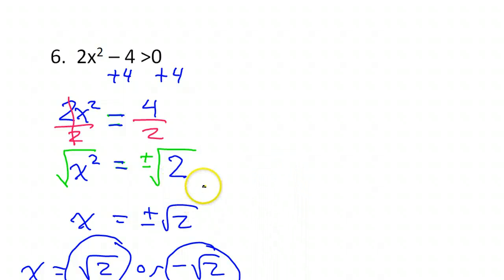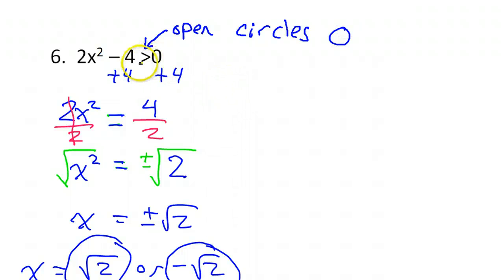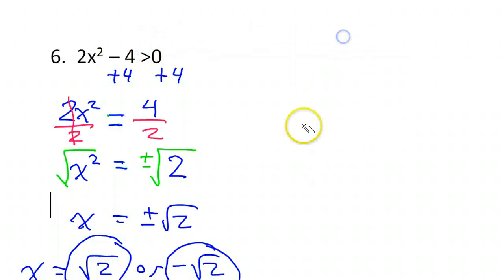Number one, when I graph these, am I going to use open circles or closed circles? I'm going to use open circles, because it's greater than. If it was greater than or equal to, then I would fill in the circle. So we will use open circles.